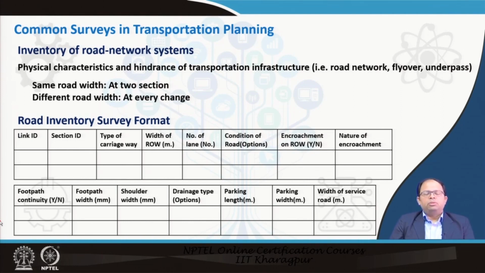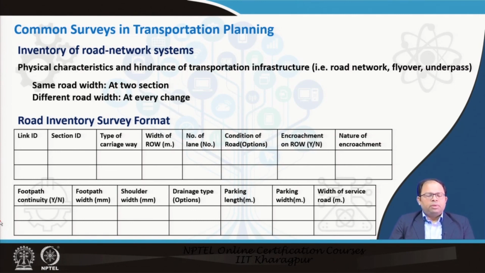For example, we want to measure the road width. For a particular link, if the road width is more or less the same, we can measure it at 2 sections, whereas if the road varies a lot, as in many Indian cities where the same road has different sizes at different locations, then at every change in the size or width of the road, we need to do one survey.